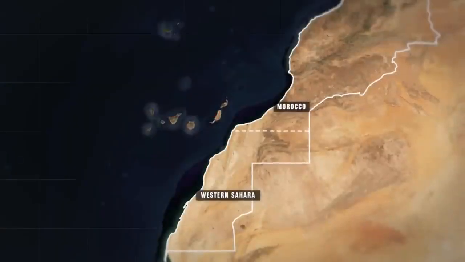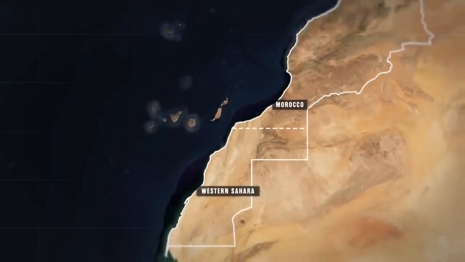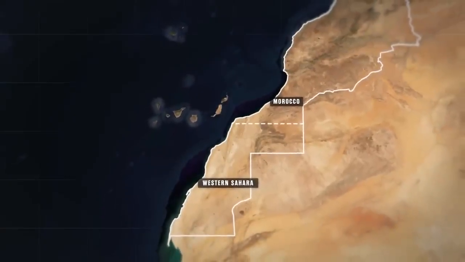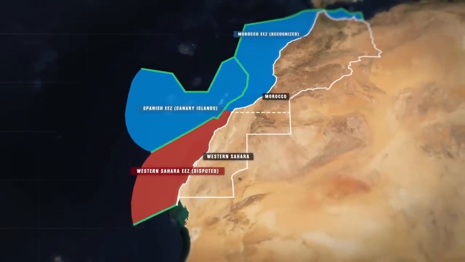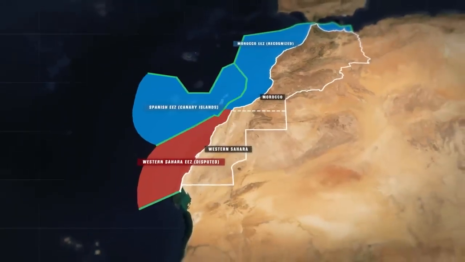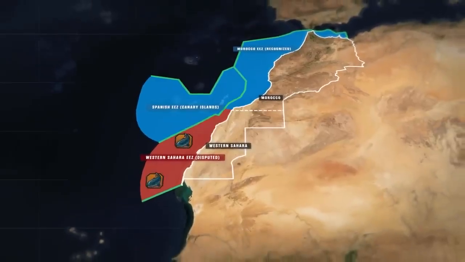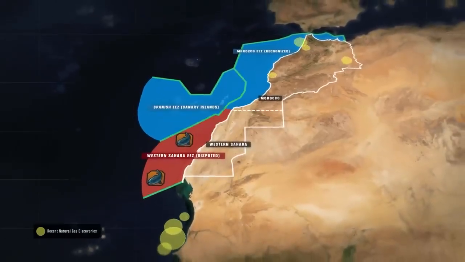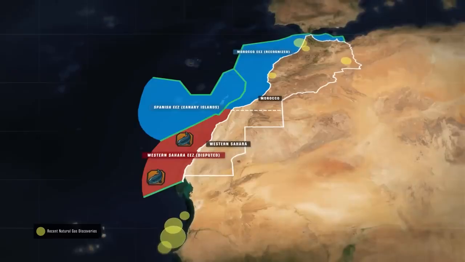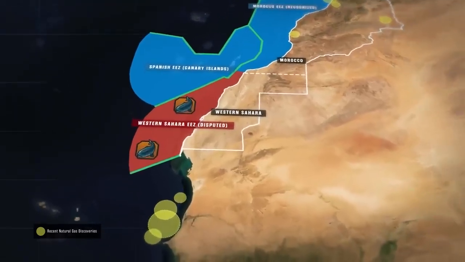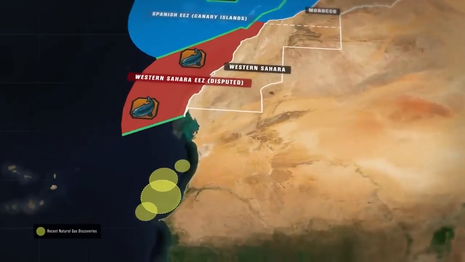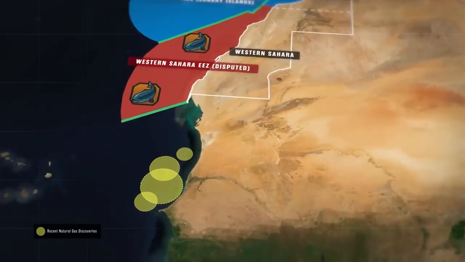And in addition to the phosphates, Western Sahara's long coastline with the Atlantic grants it a large exclusive economic zone under international maritime law that Morocco also asserts as its own. The area contains rich fisheries and potentially rich reserves of offshore natural gas as well, recently believed to be possible after an enormous series of offshore natural gas discoveries were made after 2015 close by off the coast of Mauritania just to the south.